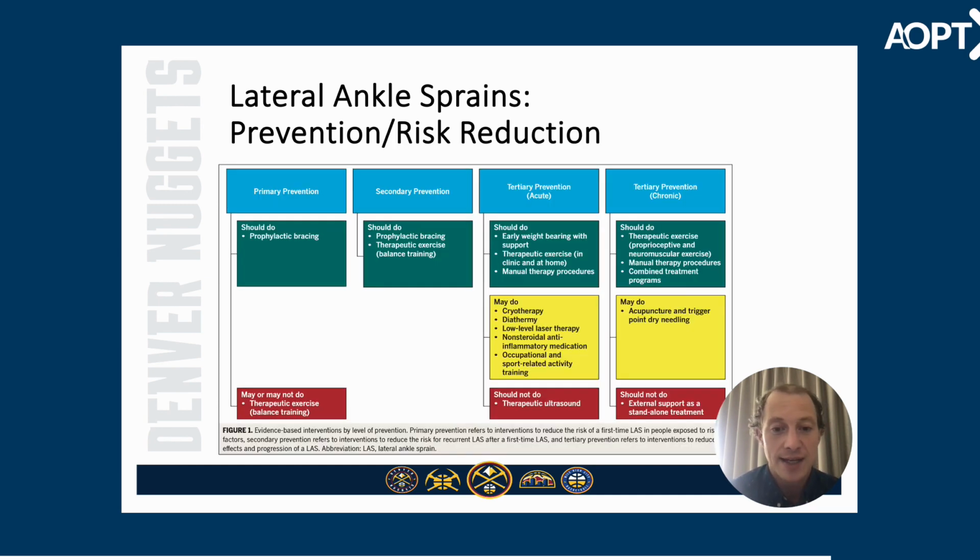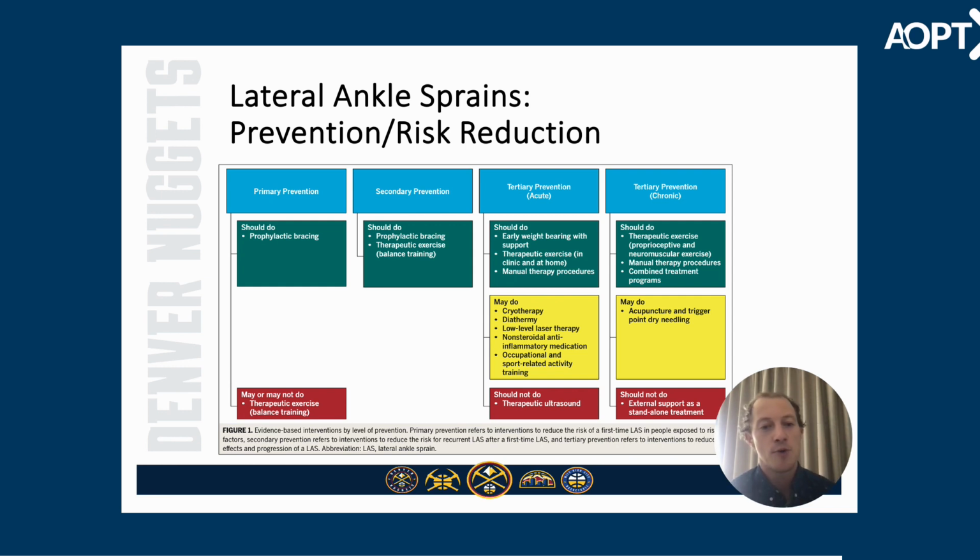Thankfully, we have our handy-dandy clinical practice guidelines that came out in 2001, so please go reassess that at jospt.org and review that for when we're treating our ankle sprains, and that's where this figure came from.